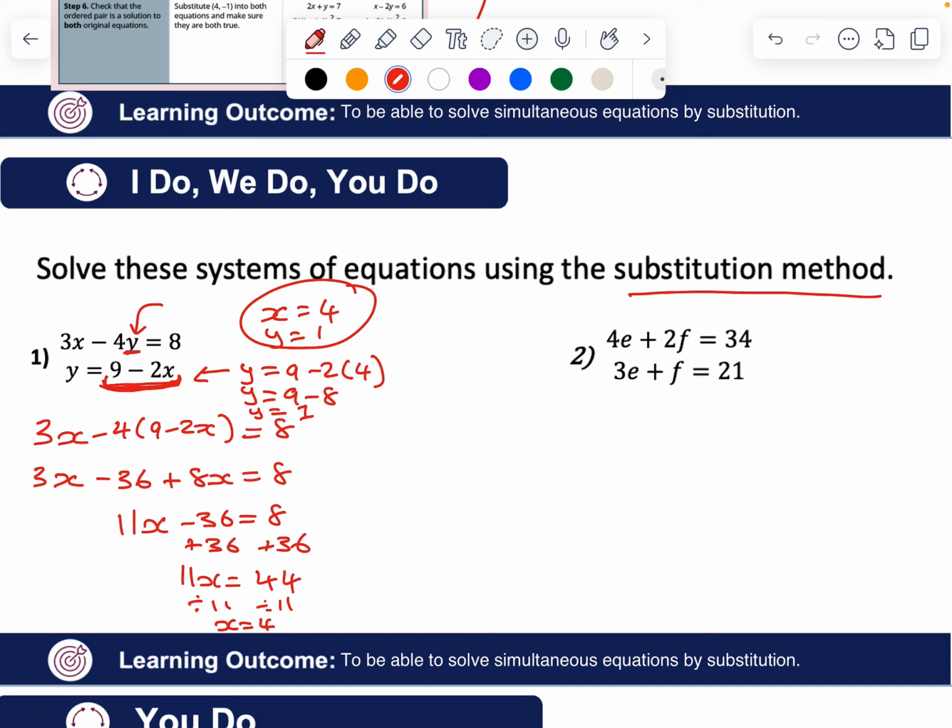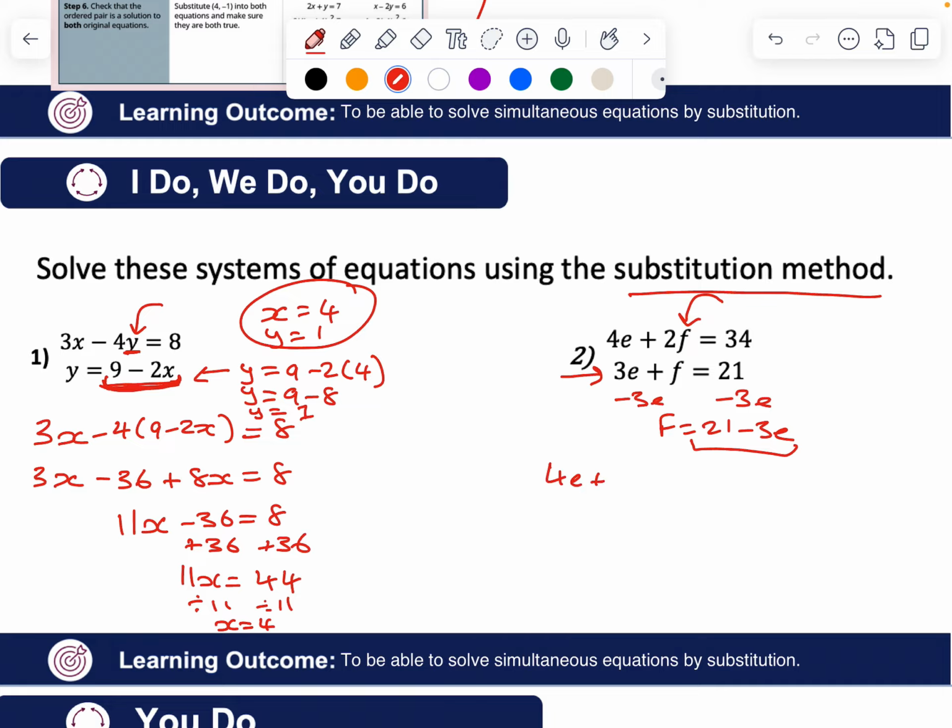Right, the second question is a little bit different because we have to rearrange one of them. So I'm going to rearrange the second one by just taking the 3e over to the right. So f is going to equal 21 minus 3e. So now I know what f is, I can substitute that into the first equation.